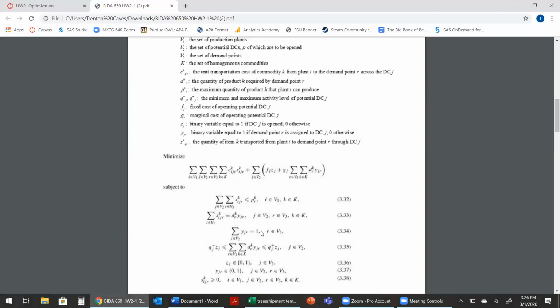So we had 2 warehouses and 3 retail outlets. So if we say DC j is going to correspond to 1 or 2, warehouse 1 or warehouse 2, and r is going to correspond to RO1, RO2, RO3.